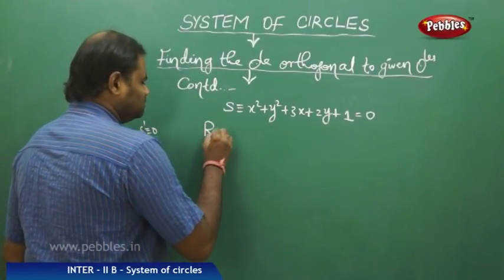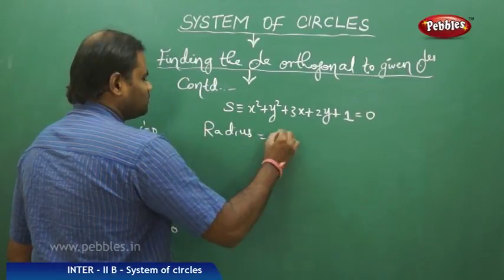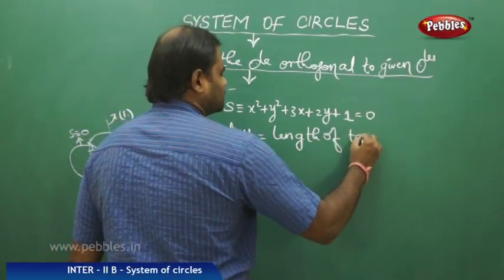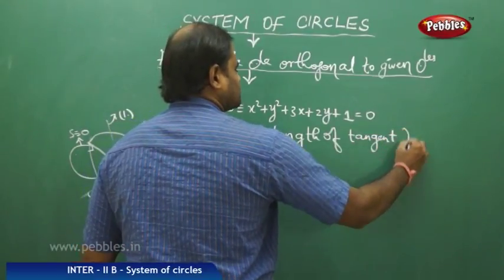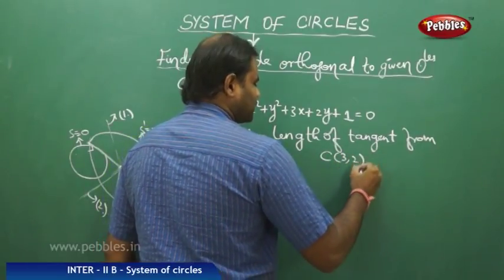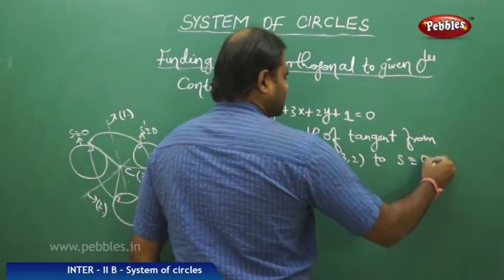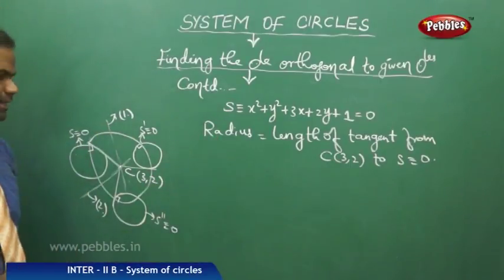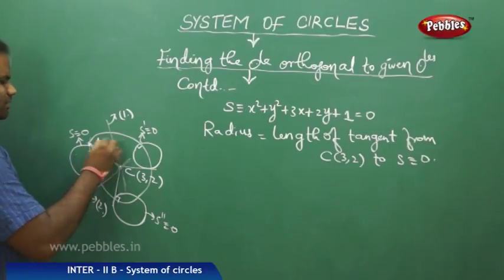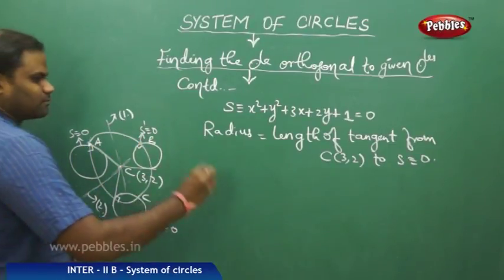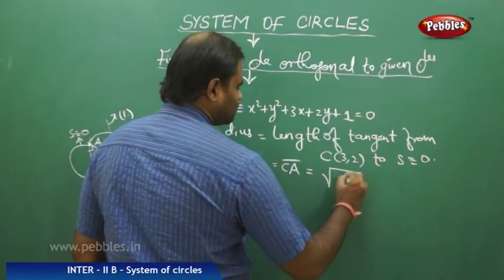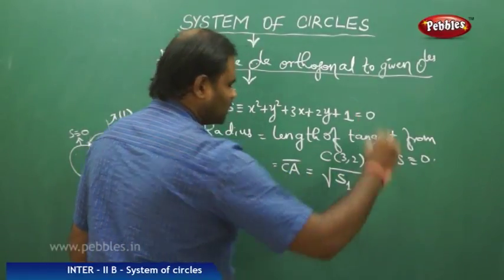My radius, which is the length of tangent from C (3, 2) to, say, S equal to 0. I take the first circle, that is S equal to 0, and if I take the point of contact as A, then this is nothing but CA, which is given by the formula root S11.